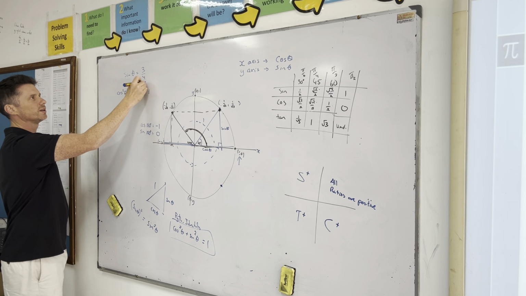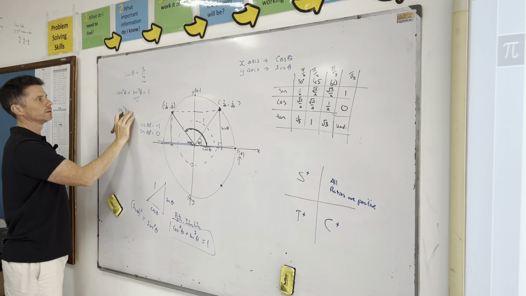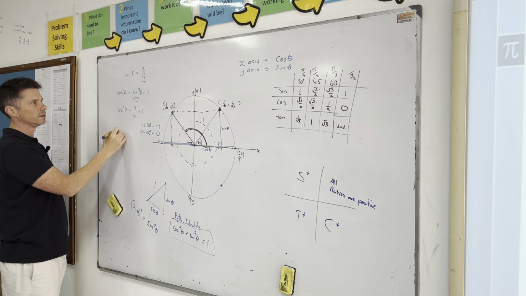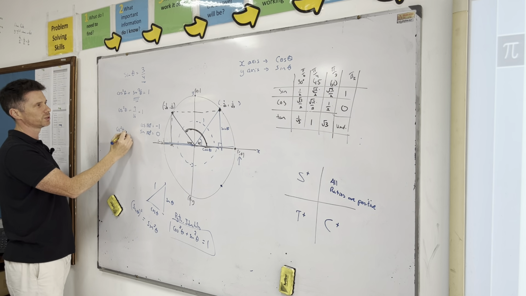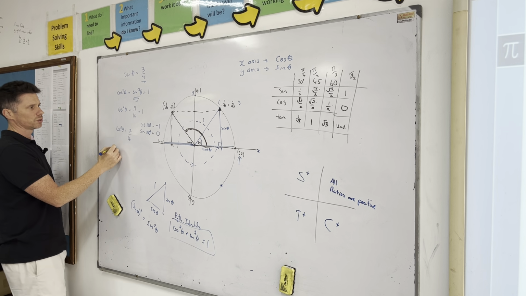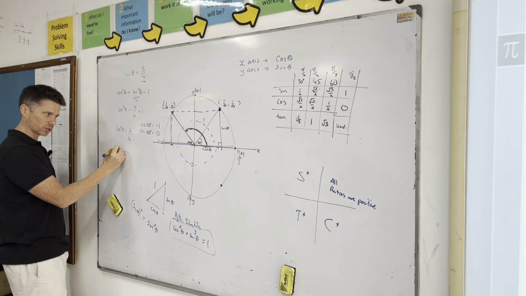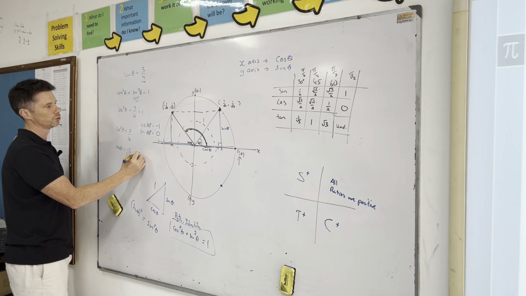If I square this, I get 9 over 16. Subtract it over, and I get cosine squared is equal to 7 over 16. And then the cosine is the square root of that, which is root 7 over 4.